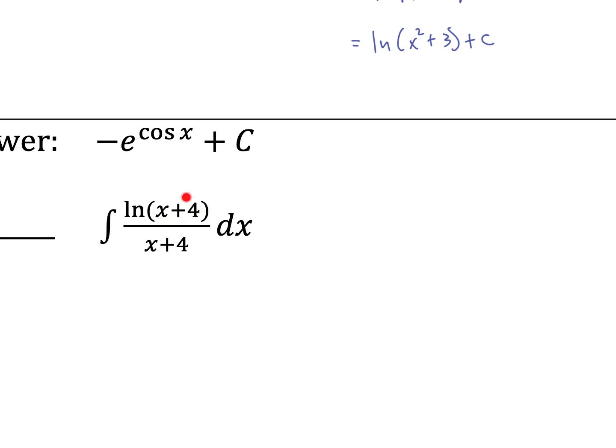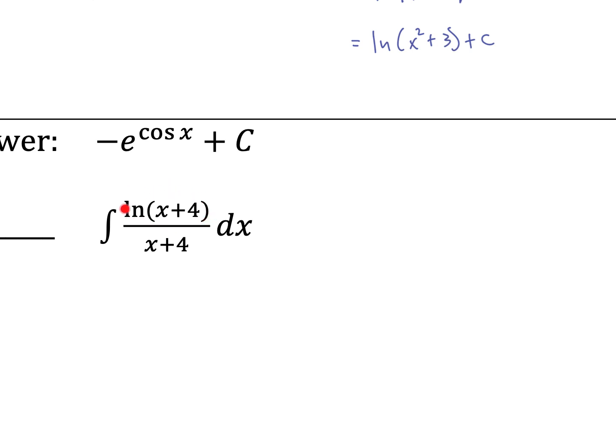Let's say you make u this x plus 4. Then this will turn into ln of u over u, and then what? You have a function ln u over another function u, just dividing two functions. So where do you go from there? Okay, so this one's weird.